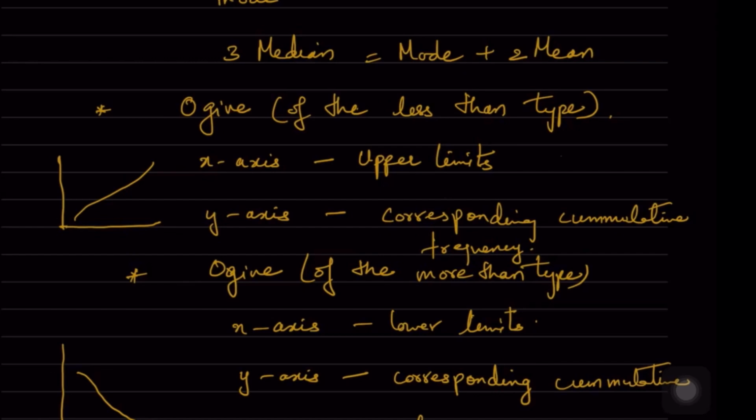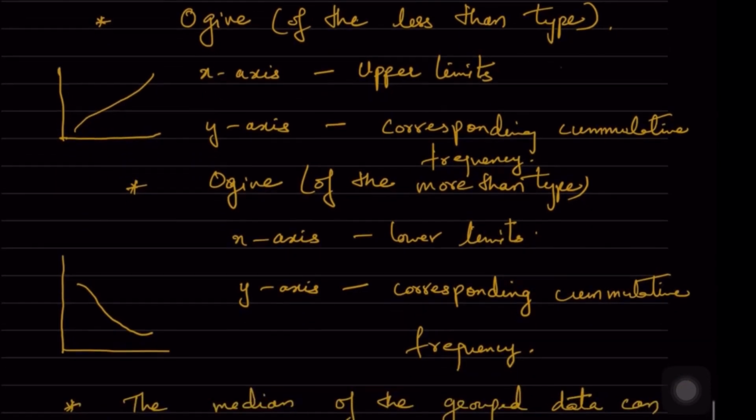On the x-axis we take upper limits and on the y-axis we take the corresponding cumulative frequency. Now the ogive of the more than type: in this we take the x-axis as lower limits and the y-axis as the corresponding cumulative frequency. Here, we first add all the frequencies and write that total. Suppose you get a total of 50, you start subtracting from the first term.